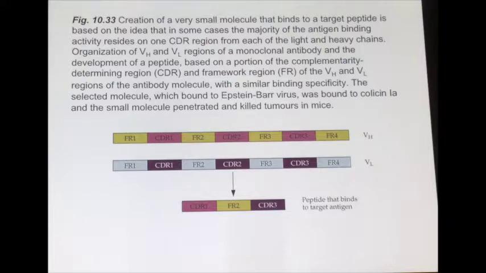It causes tumors in mice, and when they add this small fragment, and of course they have all the appropriate controls where they add other molecules as well, they add the fragment without the colicin, they found that this small portion of the Fv fragment together with the colicin, which is your toxin if you like, could penetrate the tumor and in fact kill the tumors in mice.